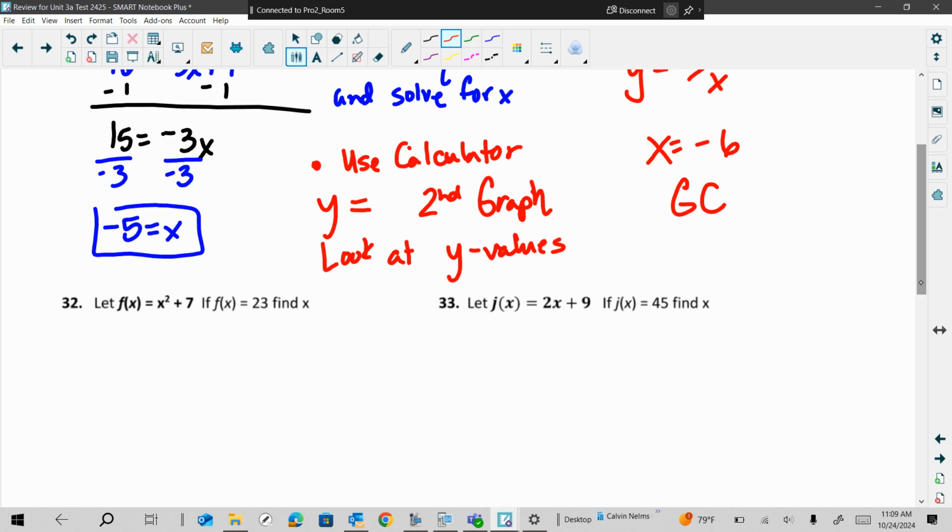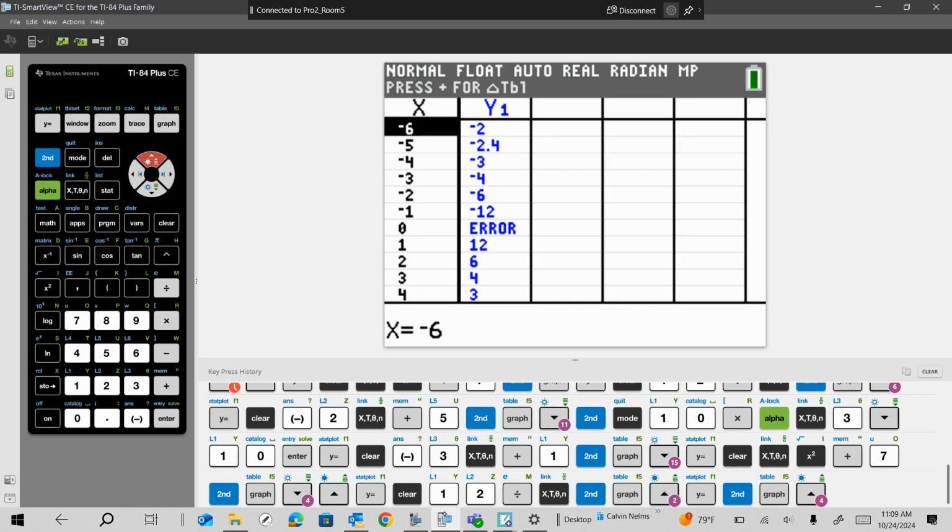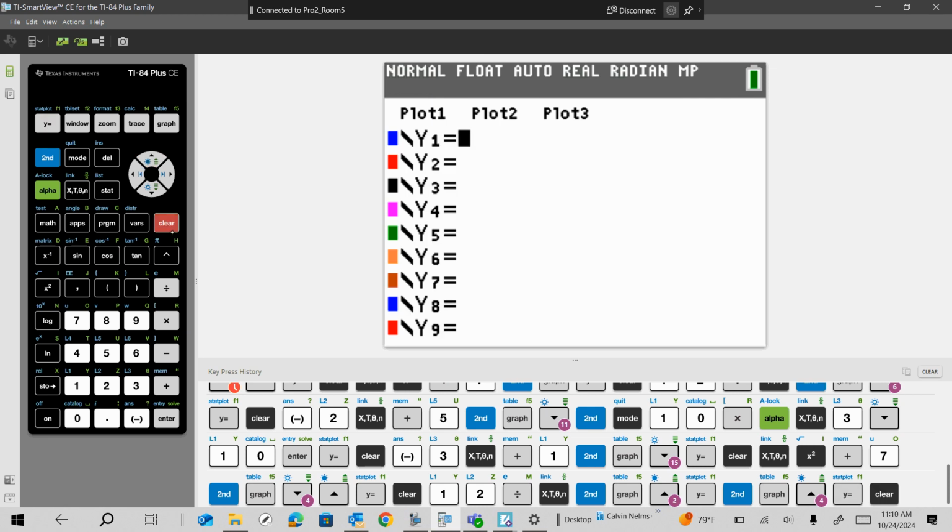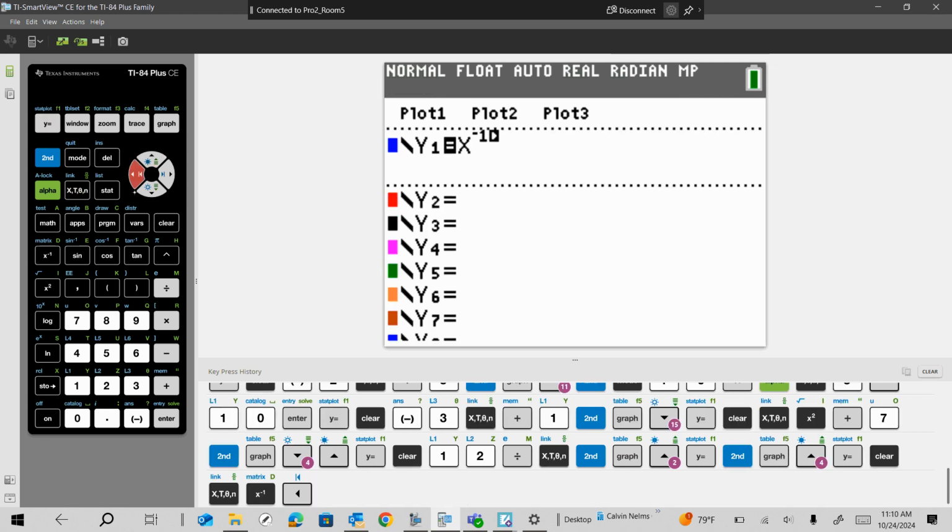GC, yes. So here x equals negative 6, and you choose GC. So let's try that for this example here. Which do you want to do, the calculator or pencil and paper? Okay, so we need to write x squared plus 7 in the calculator. So go y equals, clear this out. We're doing x squared plus 7.